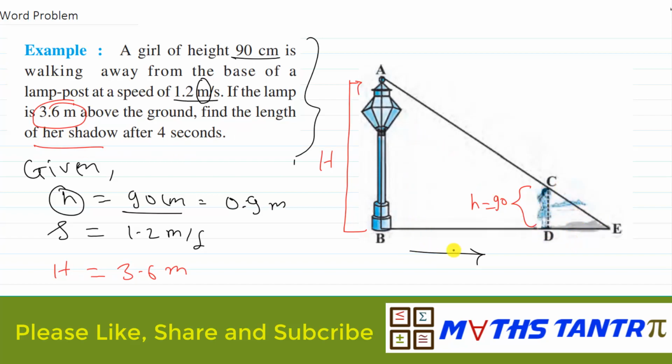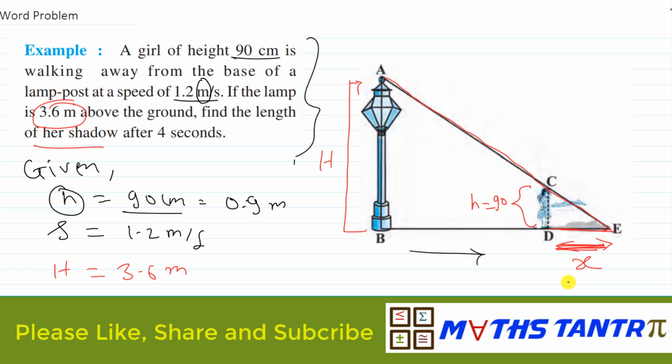Here you can observe, if a girl starts moving, her shadow will be to the front side of the girl. Let's suppose the ray of light is coming in this way, so the shadow will be of length DE. From the figure you can observe, we have imagined it, we have drawn the figure to understand what's happening and what we have to find.